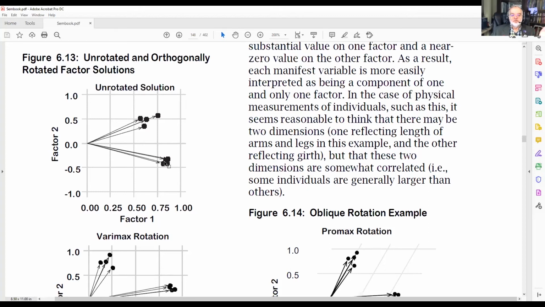For math reasons that I won't get into, the first vector representation that factor analysis gives you is frequently going to look like this, with a whole bunch of loadings on one factor that are positive, and roughly half of the loadings on the second factor positive and half of them negative.